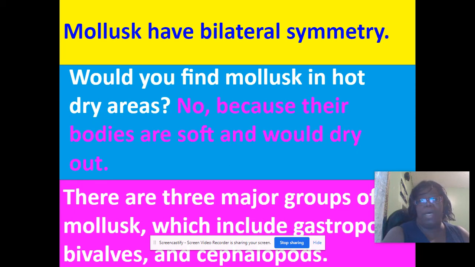So gastropods, and gastro means stomach. So I'm willing to believe that gastropod means that these organisms have a stomach and a foot. Mollusks also are bivalves. Bi means two, so two openings. And cephalopods. Cephalon means head and pod means foot. So there's something going on with the head and the foot.